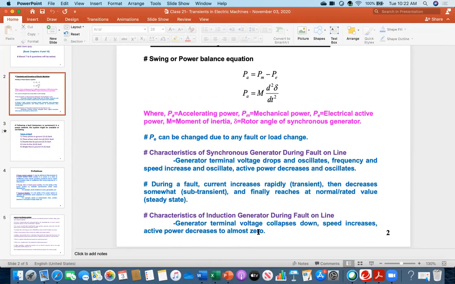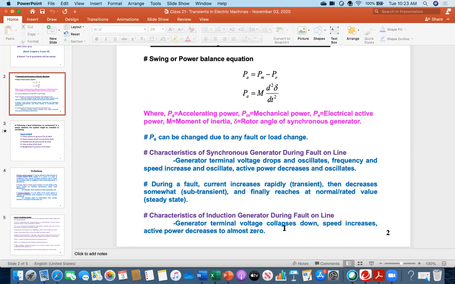So it is almost a similar conclusion, but there is a little difference. If you see my wording, in the case of induction generator, terminal voltage collapses down. But here I just said generator terminal voltage drops and oscillates. Voltage drop means that it went down and then it is oscillating.